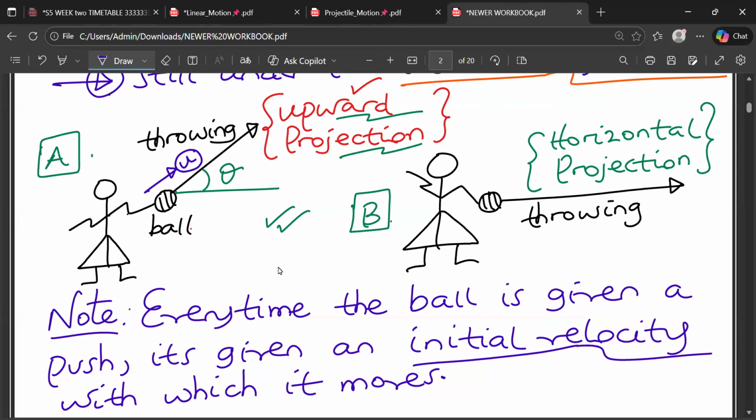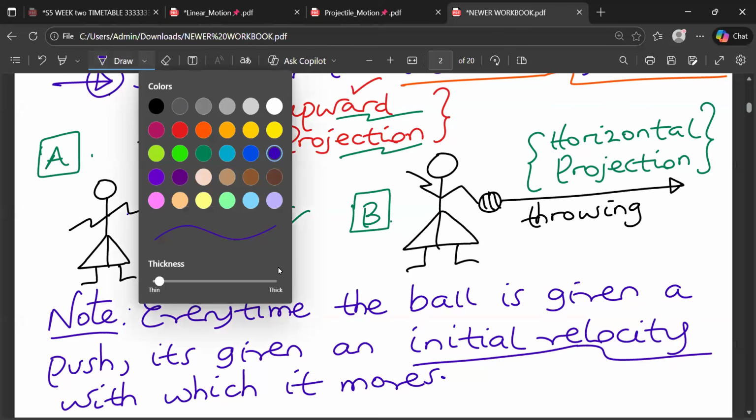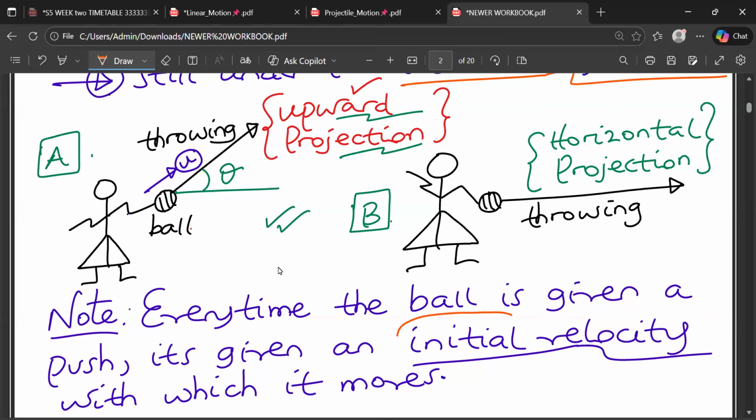You need to understand that. So when the boy pushes it up with any velocity, it first moves with that. When the boy pushes it horizontally, it's given that initial velocity with which it moves. And you all know that every time we mention initial in mechanics, we mean our small letter u. Understand that.